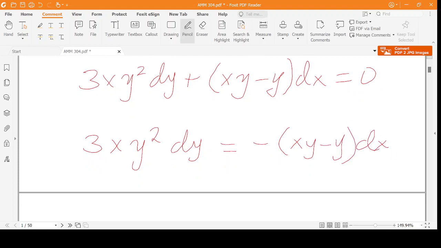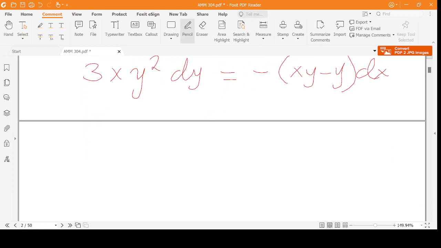On the right hand side, I'm going to factor out y, so that I avoid confusion.